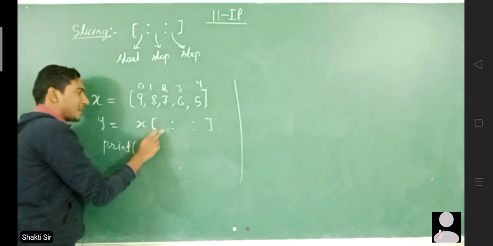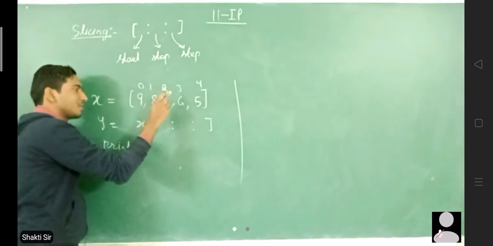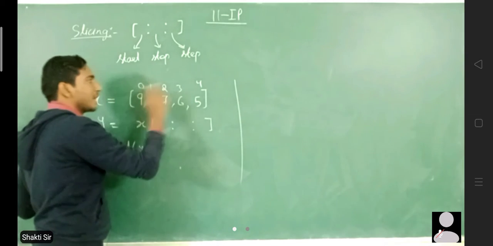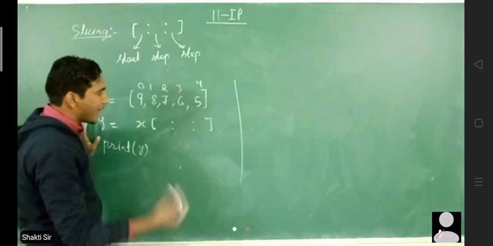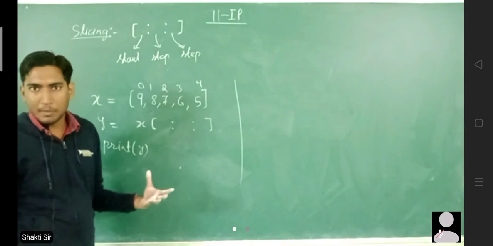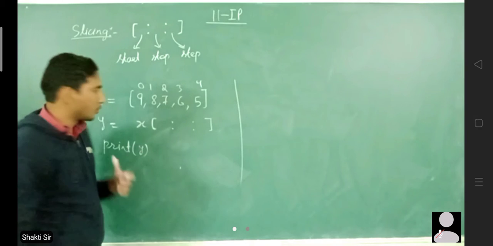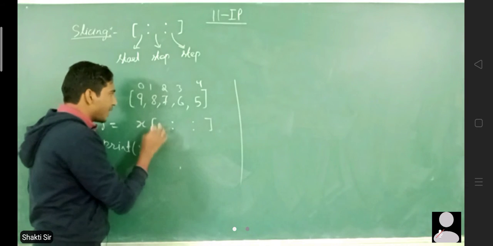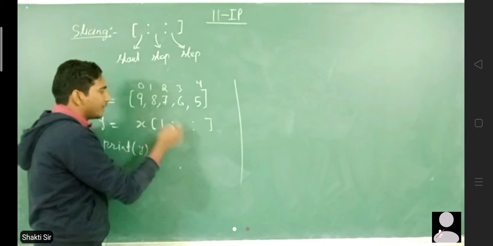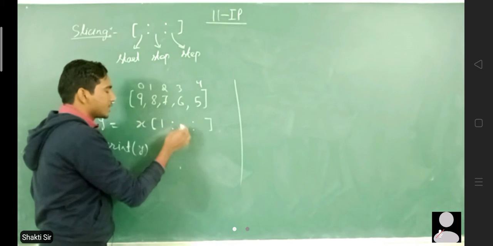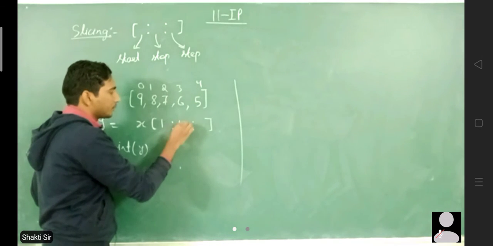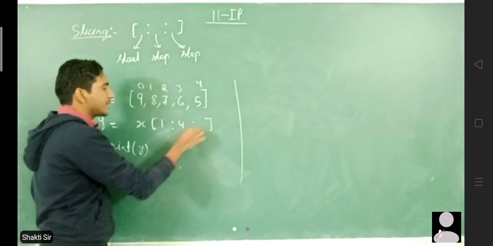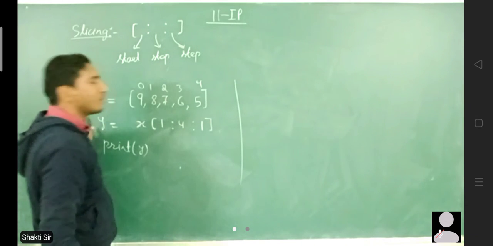For the start we can use any of the index values, and for the stop we can use any of the index values, and for the step we can use the number of steps we can take, 1 or 2 or 3. Suppose I take the start as 1, the stop value as 4, and the step as 1, then what will be the output?